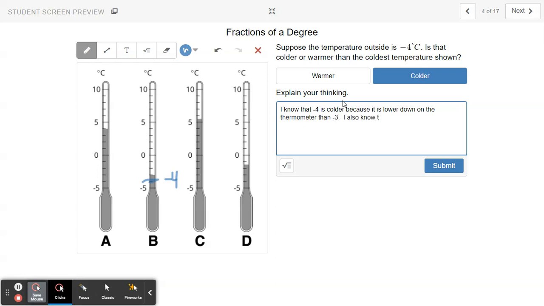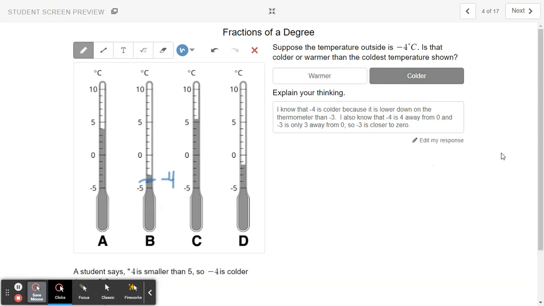I also know that -4 is 4 away from 0, and -3 is only 3 away from 0. So -3, I should say, is closer to 0. And being closer to 0 in the negatives means that you're actually at a higher temperature. Okay?